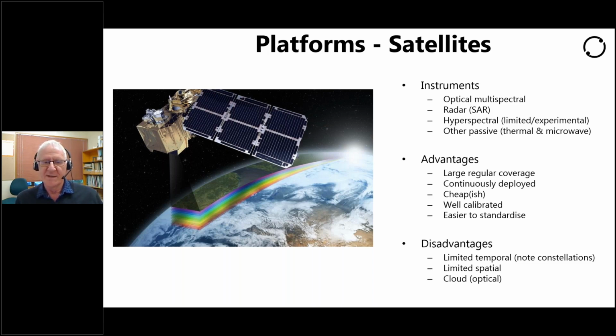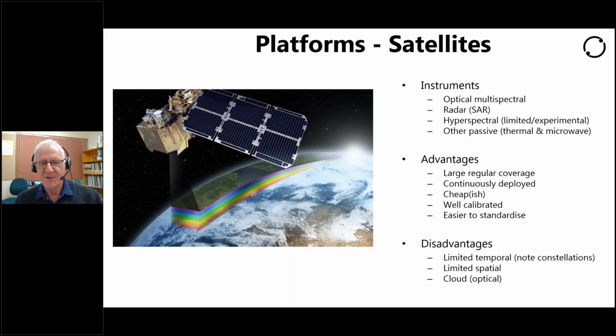One of the advantages of satellites is that it's very regular, large-scale coverage. The satellites themselves are not very cheap to launch, so they're usually well calibrated and well designed, which makes it a lot easier and cheaper to generate analysis-ready data from.